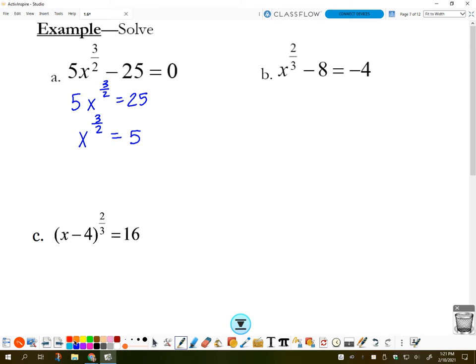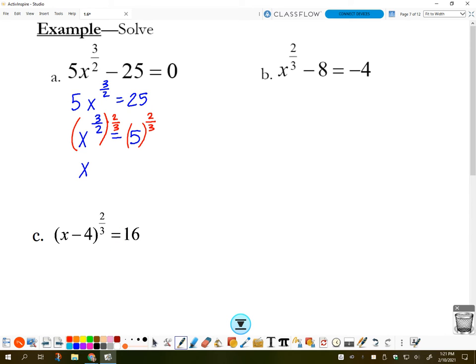Well, if I could just multiply this guy by 2/3, then it would go away and I would just have x. Alright, well, if I want to multiply this by 2/3, I have to raise that side to that power, because a power raised to a power is when we multiply exponents. So I'm going to have to raise the other side of the equation to that power as well.